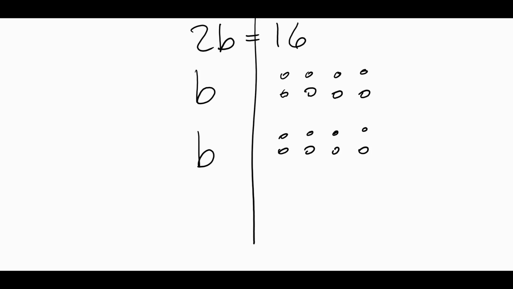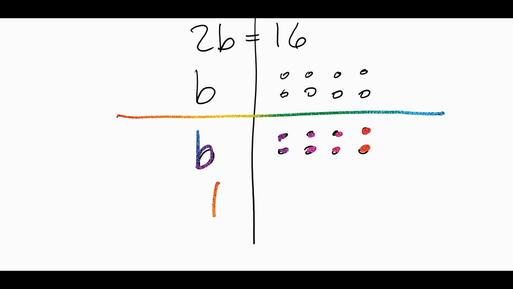And so if I were to cut each side in half, what would be in those groups? Well, we would be left with b equals 1, 2, 3, 4, 5, 6, 7, 8. b equals 8 would be the answer. Again, visually, however you need to do these problems is fine. I just need you to work it out any way you can.